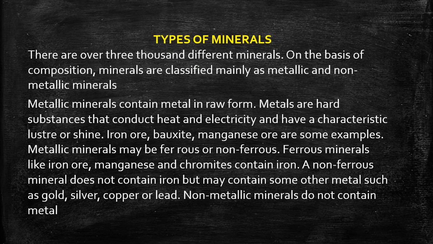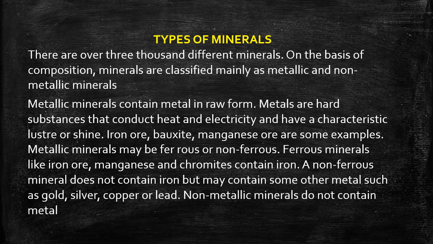Next, we have the types of minerals. There are over 3,000 different minerals on the basis of their composition. Means as they have different compositions, they are classified according to their composition. They are classified mainly as metallic and non-metallic minerals.